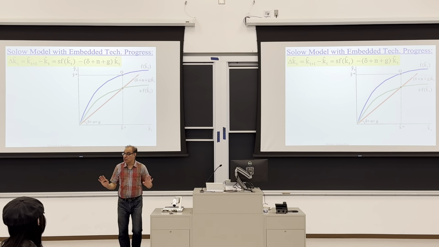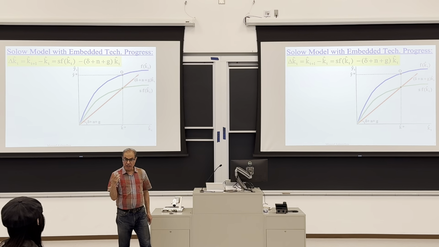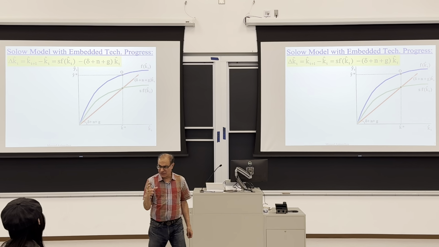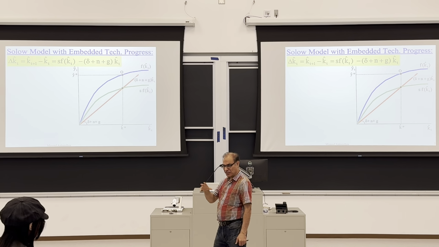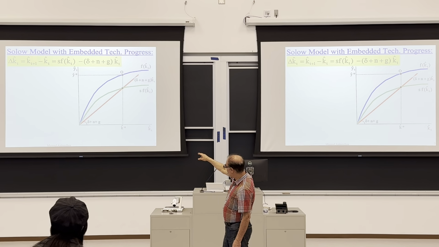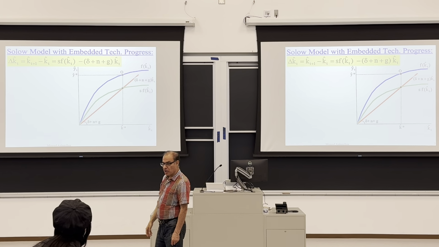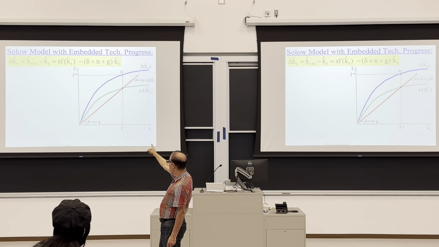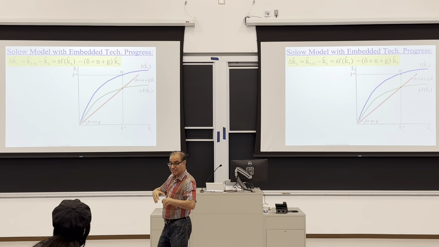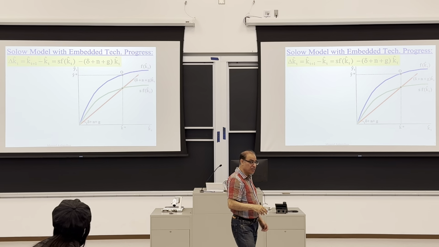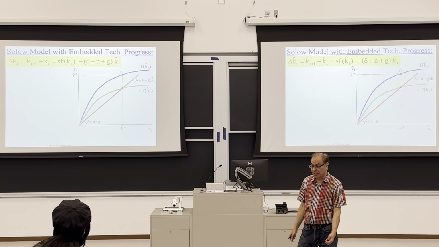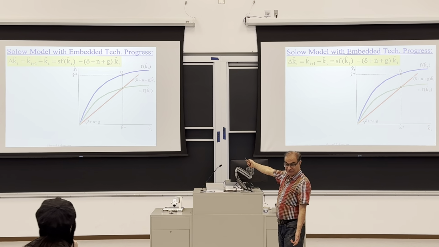Now you have to be very careful. This model is kind of confusing. It's kind of misleading. Okay, so here you have continuous technological progress without having a shift. See, this is called the Solow model with embedded technological progress. Technology is getting better g% per year without a shift.